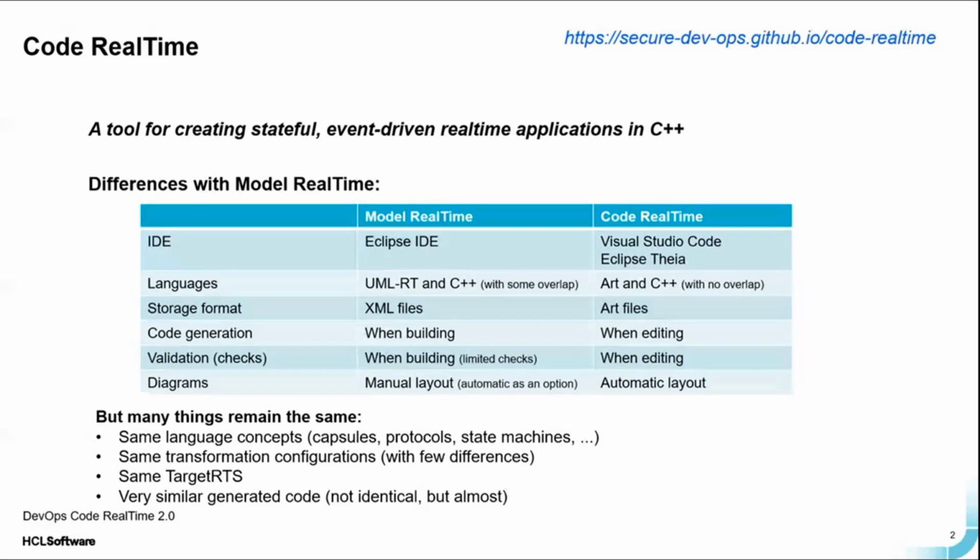So then you get this community edition that has some restrictions, for example, no source code for TargetRTS and a few others. But if you have the entitlement to Model Real-Time, then you should get Code Real-Time from the same place where you get Model Real-Time, because then you have the full version there. And then you get this in a VSIX file, which you then install into VS Code.